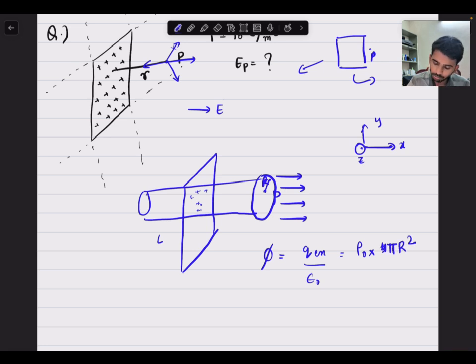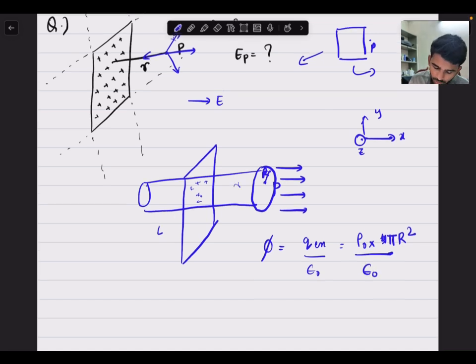Now we know that the flux is the integral of E into A, and as we have two surfaces, one this and another this, due to symmetry the electric field direction at each surface would be outward, but in opposite directions. So it comes out to be 2EA, and this A is pi r square.